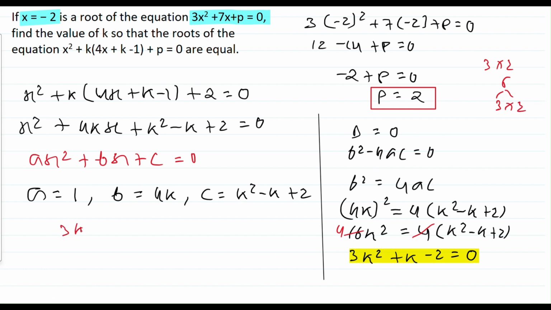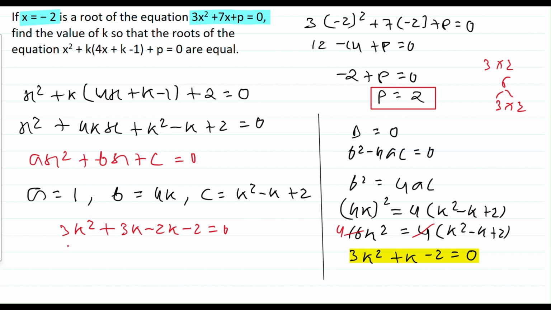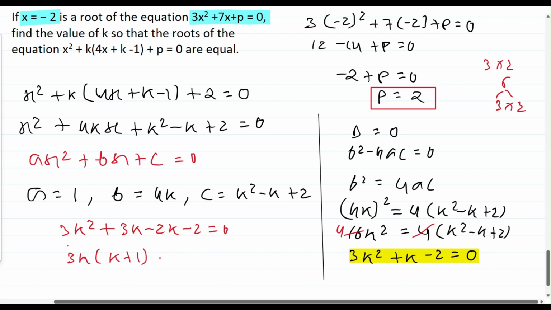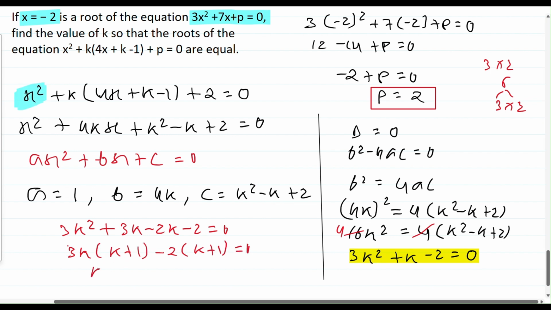So let it be 3k square plus 3k minus 2k minus 2 equals 0. Now common from the first two terms is 3k. So this gives you 3k times (k plus 1), and common from the last two terms is minus 2. That's why I'm getting k plus 1. So now if I take k plus 1 common from here, we get (k plus 1) times (3k minus 2) equals 0.